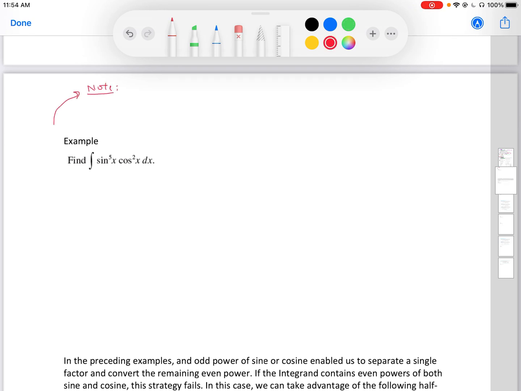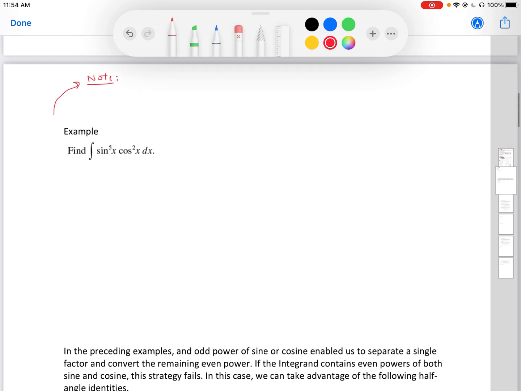As we're going to work with this problem, we're going to keep in mind that the derivative d dx of sine of x equals cosine of x. So we want to make sure that if we're integrating and they're being multiplied, remember we can think of them as separate integrals if they're adding, but if they're multiplied, they have to work together.